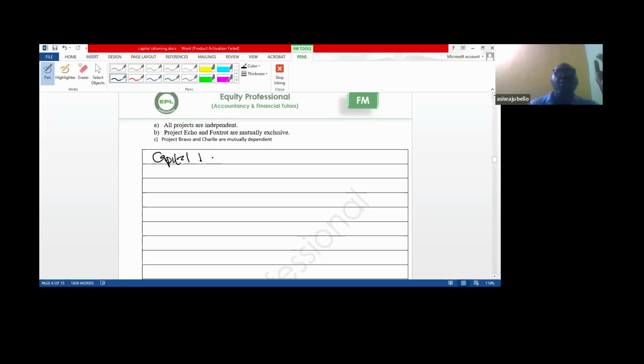Capital required for all viable projects, total 13,800.